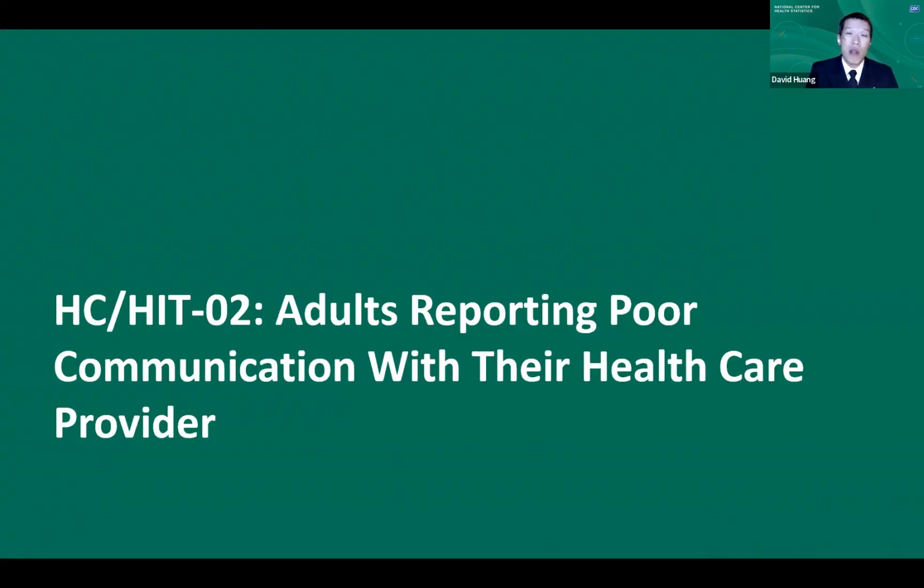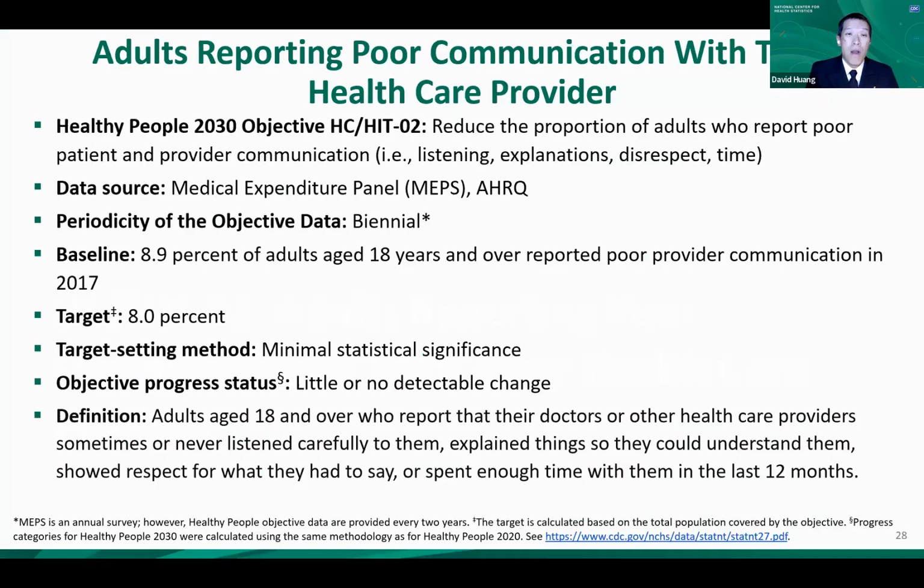Next, I will cover adults reporting poor communication with their healthcare provider. Next slide. This objective tracks non-institutionalized adults aged 18 years and over who report that their doctors or other healthcare providers sometimes or never listened carefully to them, explained things so they could understand them, showed respect for what they had to say, or spent enough time with them in the last 12 months, using data from the Medical Expenditure Panel Survey, or MEPS.